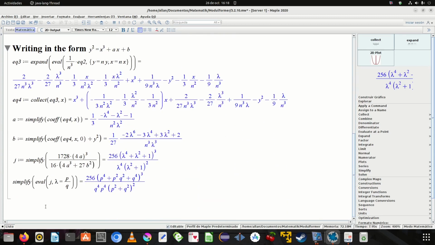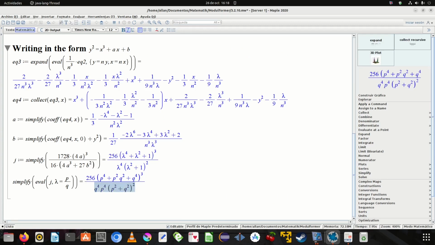We need to check whether this can become an integer. We may assume P and Q have no common prime factor. Let's take a prime factor in Q. If that divides this expression, then it divides this, but it will also divide the last two terms, meaning it will also divide P. Contradiction.